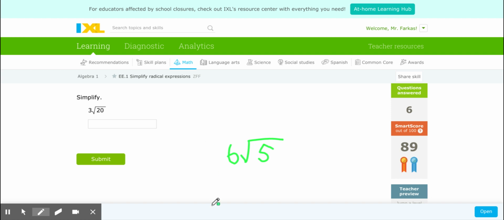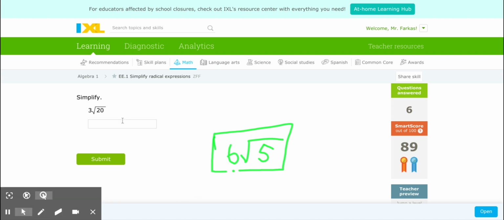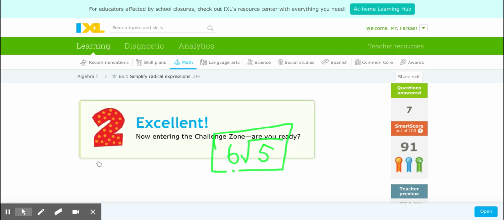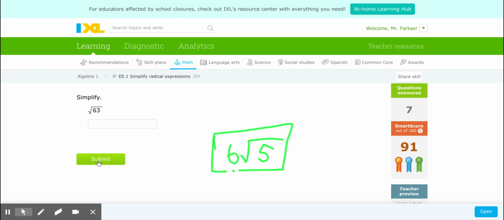See if you can explain the steps to get there. And let me just check because I did that in my head. If you can explain that to someone, then you are ready to do this task.